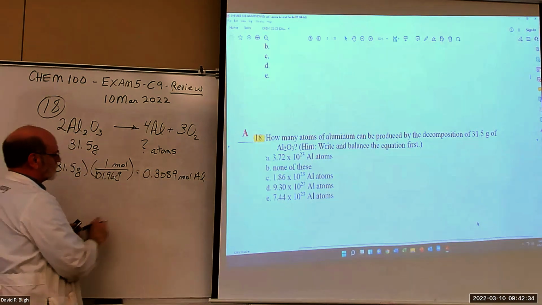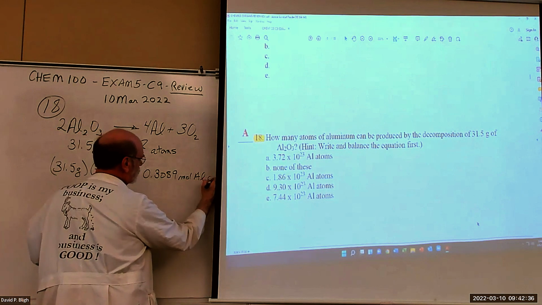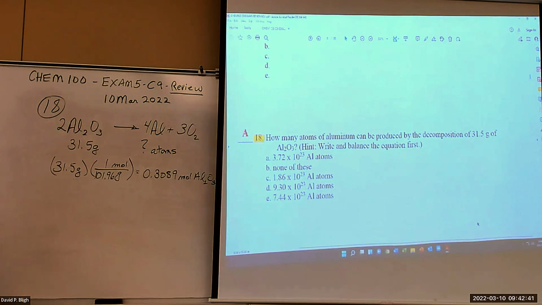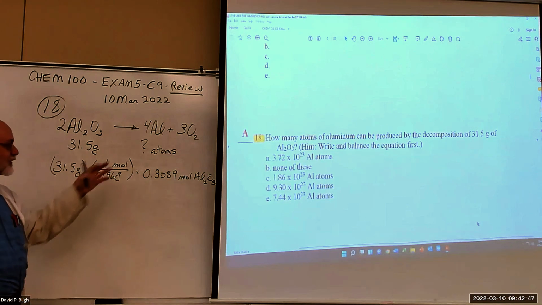That's not aluminum. That's aluminum oxide. Correct? This molar mass is for that. Now we have to convert this to aluminum.